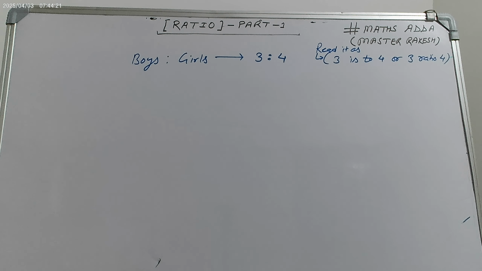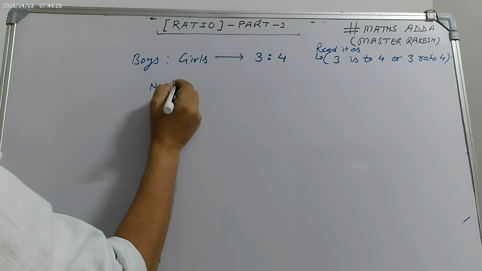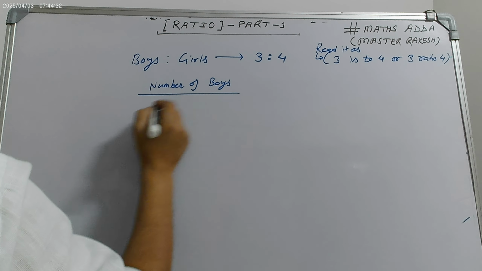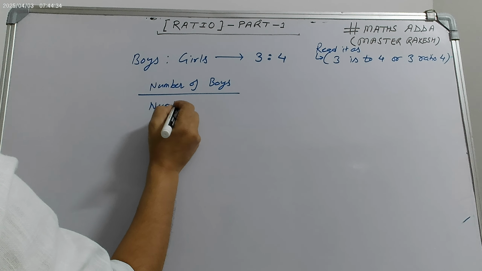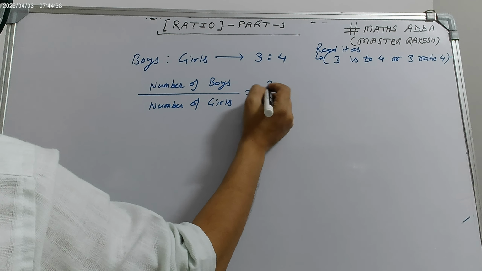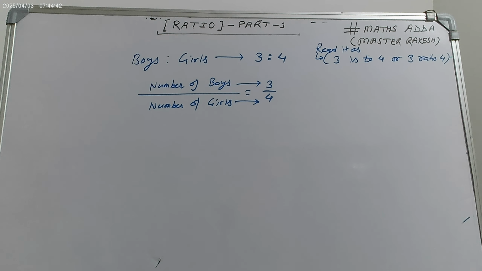So what does it mean? It means that the number of boys upon the number of girls is equal to 3 by 4. It does not mean that there are 3 boys and 4 girls in the class. This is only the ratio.